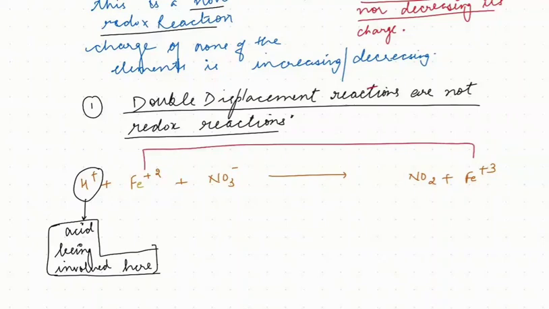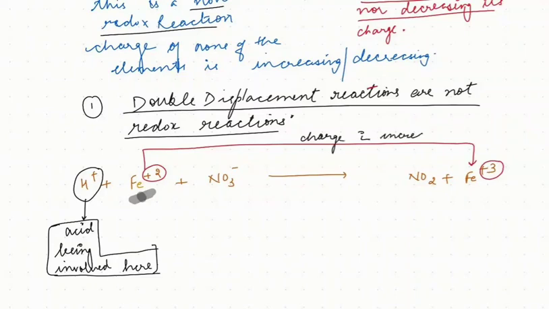If you see, in going from reactant to product side, what exactly happens? You tell me. Ma'am, the charge of Fe has increased from plus 2 to plus 3. Now, it has two meanings, right? One, in terms of charge, you'll say the charge is increased. Yes or no?